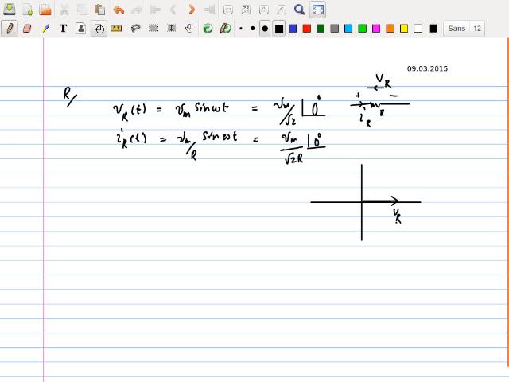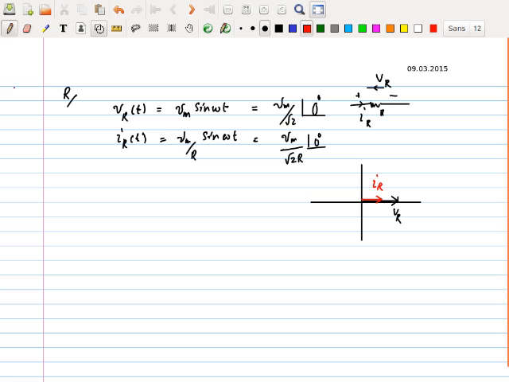That is VR, because it has a magnitude equal to Vm over root 2, and an angle 0. Then on the same side, I have IR. Again, it is an angle of 0, but this magnitude is a little smaller than that. I don't know if it's smaller or not, but I'm assuming it is smaller. So that is IR. That is a phasor diagram of a simple resistor.